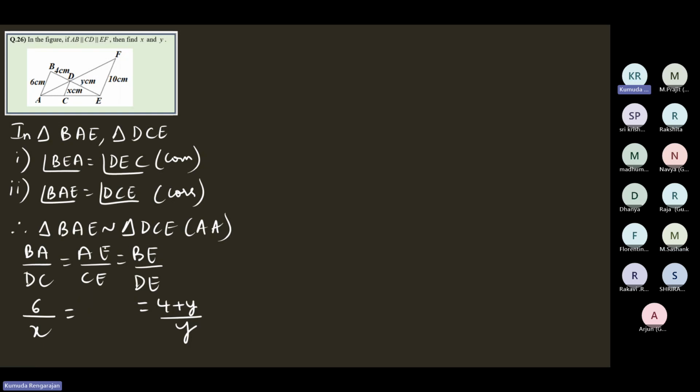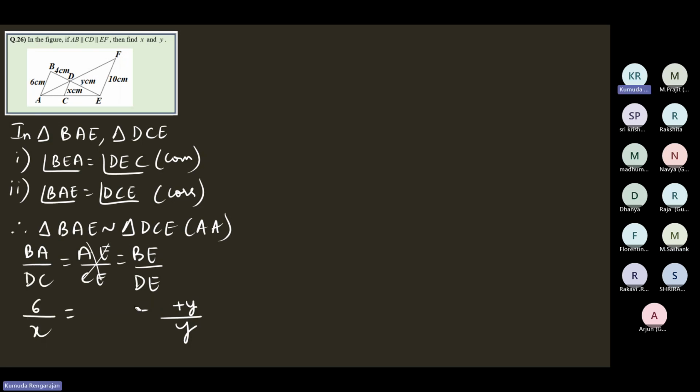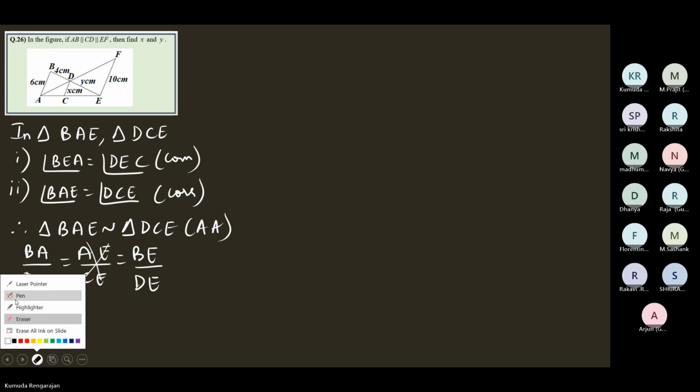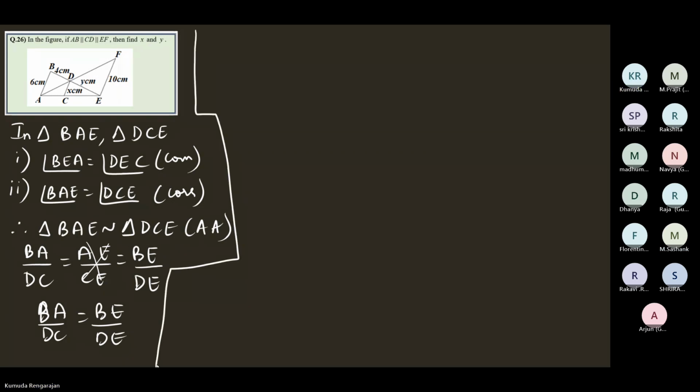So I'm just crossing this, and crossing that, and you can just write BA by DC is equal to BE by DE. That is, we are going ahead with only those 2 ratios. So I'm substituting here, children.